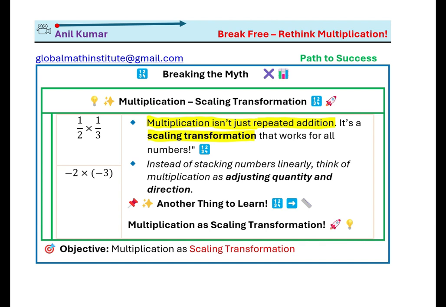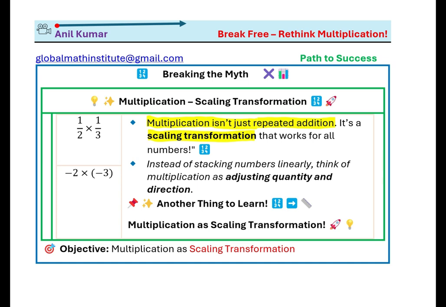So, one was with the fractions, where now you understand that since we are multiplying by a number which is less than 1, we are going to get a smaller number, right? So, it's a dilation where there is shrinking. The other thing is with negative numbers. When you multiply, it's a scaling where things get reflected, the sign gets changed, right?